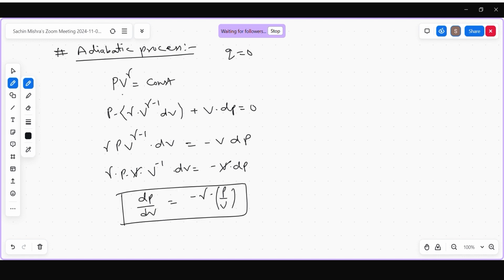So you can observe this equation is similar to the isothermal. Only one difference: it is gamma times more than this. So this is the dP by dV for adiabatic.